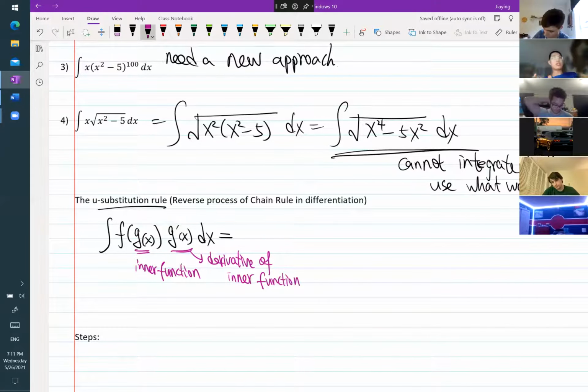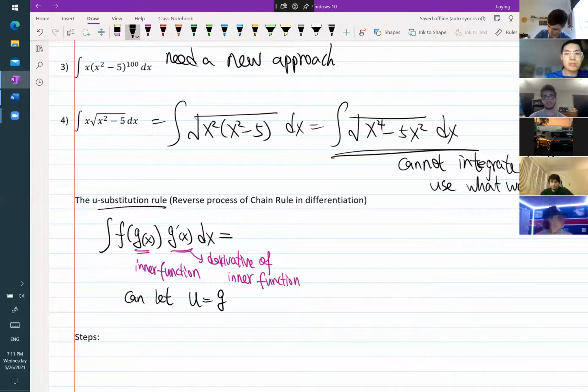If you integrate some function f with another function inside, and the outside is multiplied by the derivative of that inner function, then you have this structure.